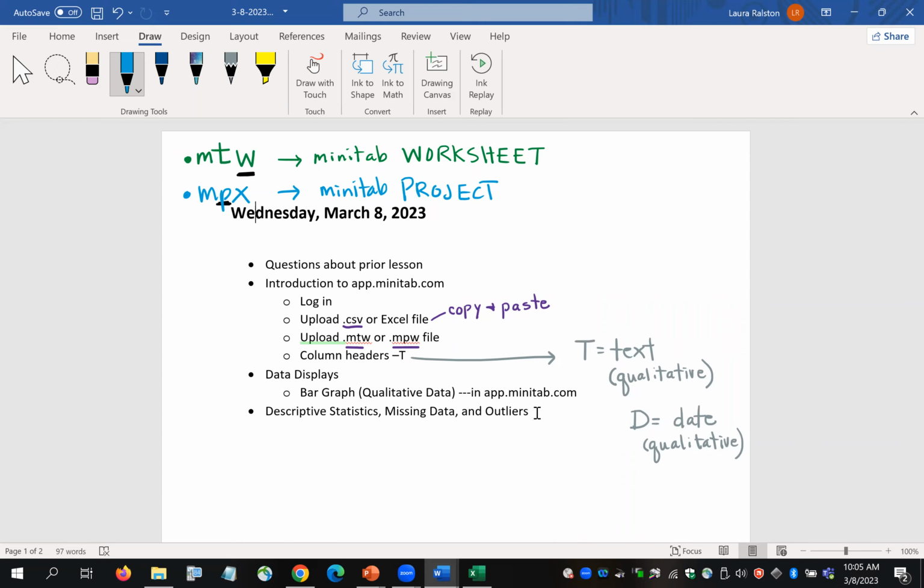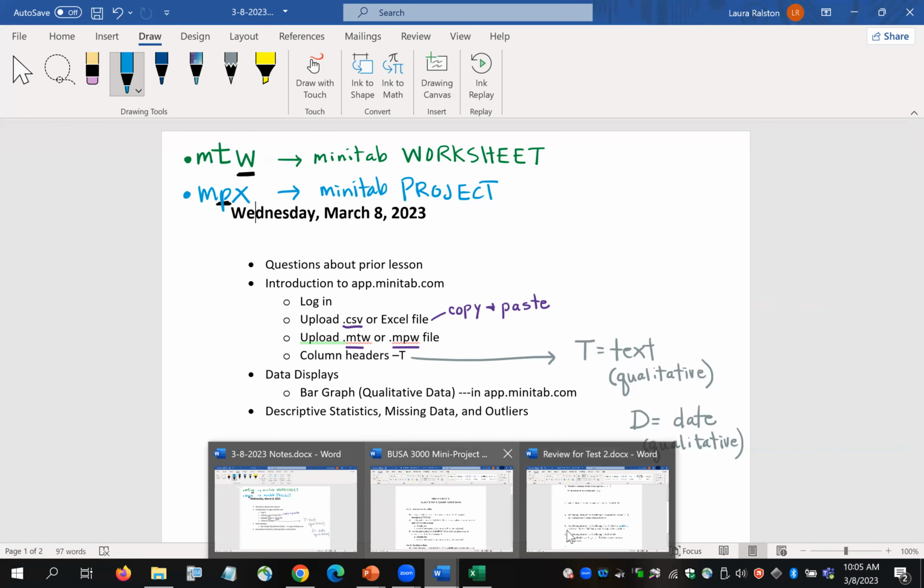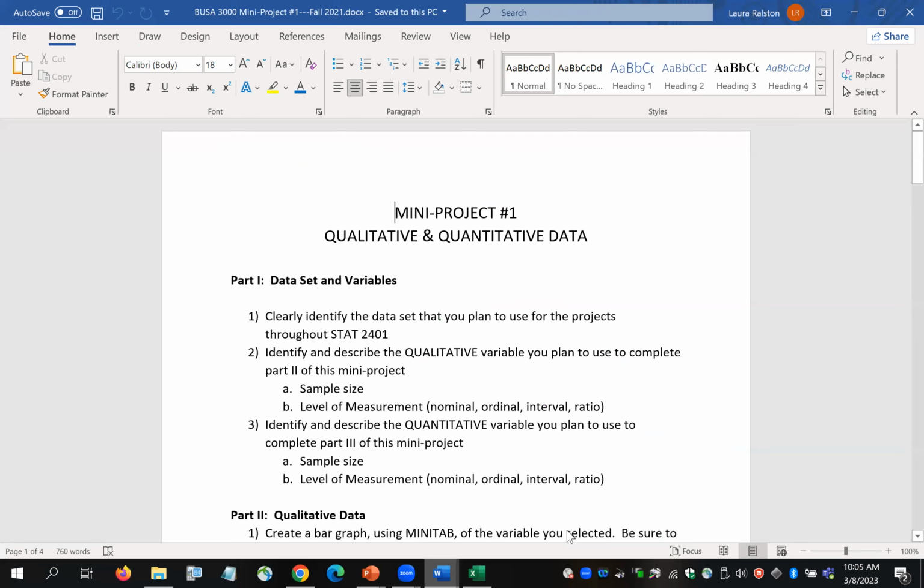We talked last class about how pictures communicate a whole lot more quickly than words. But again, you still want to be able to communicate that. You are going to be expected to do that on the first project.